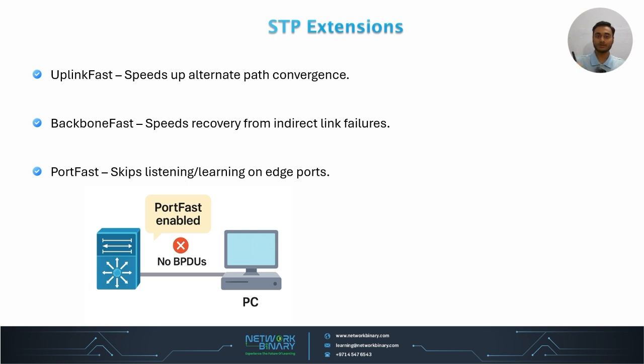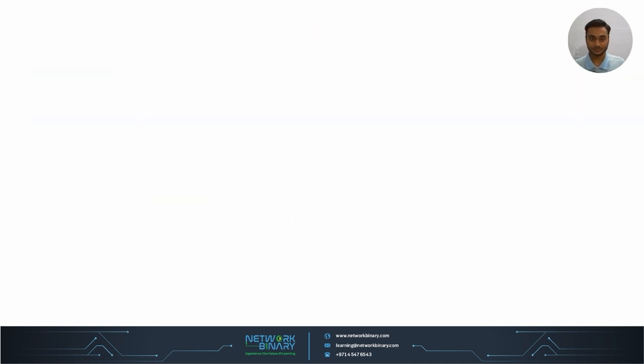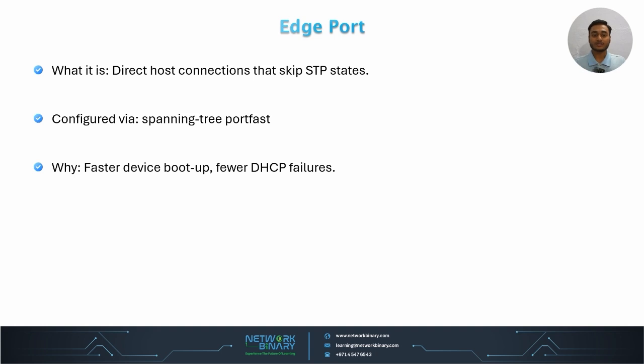You turn your PC on and you should get an IP address as quickly as possible. Even though we are talking about Rapid PVST+, STP could be a hindrance in getting IP addresses from the DHCP server. So PortFast is going to be super useful at that point, especially in access layers. Coming up next is the edge port.